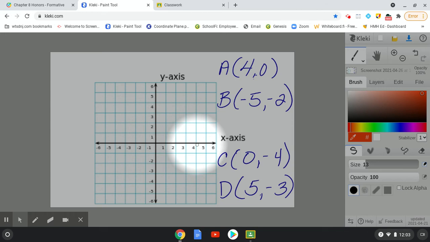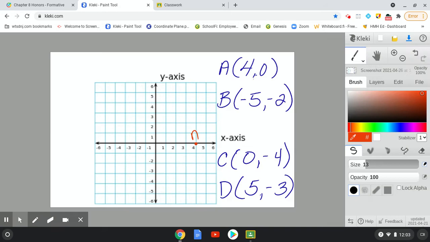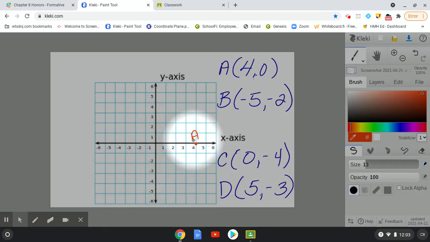Well, I'm not going to go up to 0 or down to 0. I'm already on 0, so I would be plotting my point right there. Okay, so this is labeled as point A.